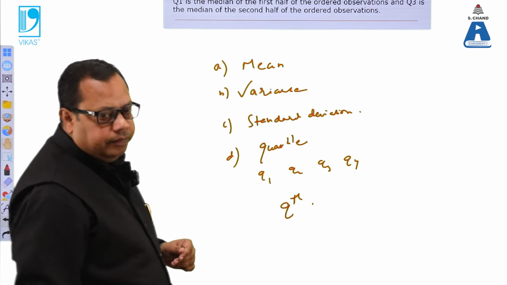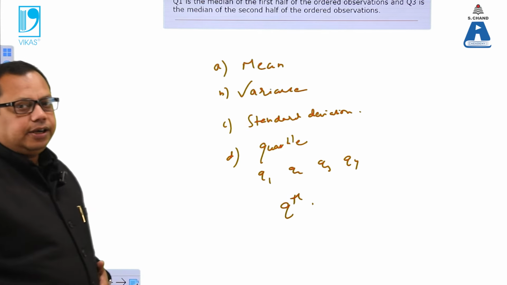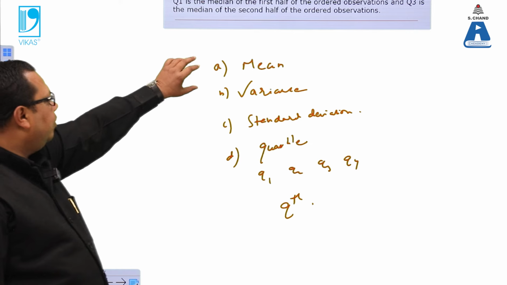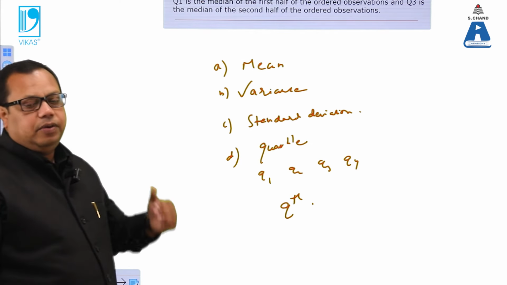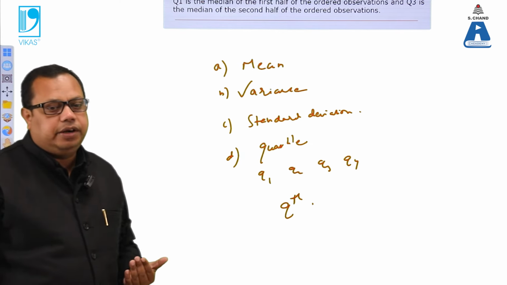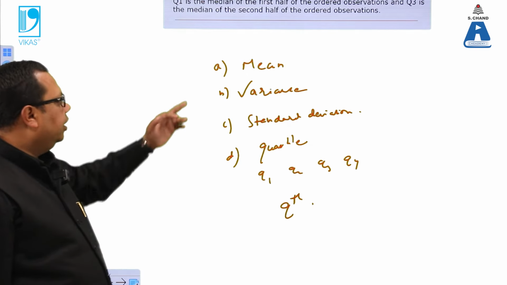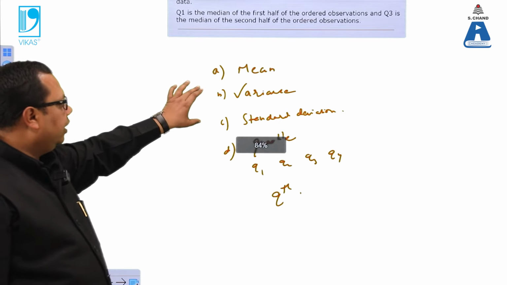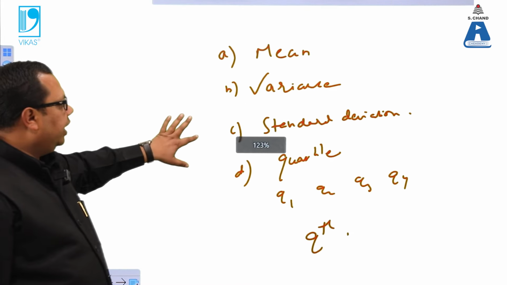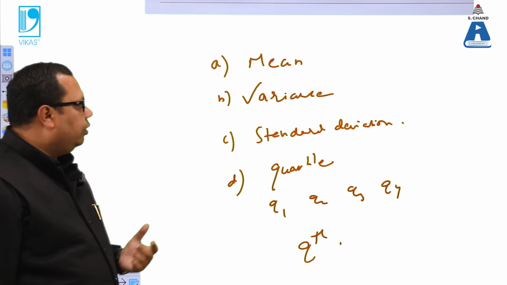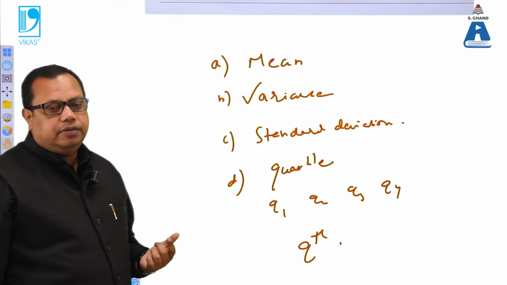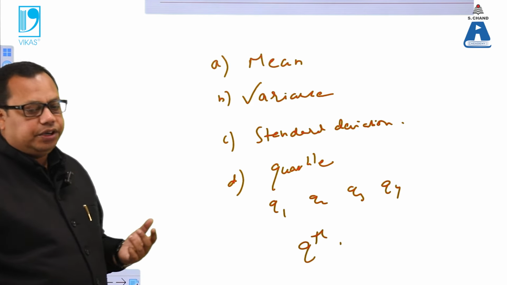In this video, we add all the numbers and divide by the number of terms to calculate the mean, and then see how we calculate the variance. From the variance, when we take the square root, we get the standard deviation.